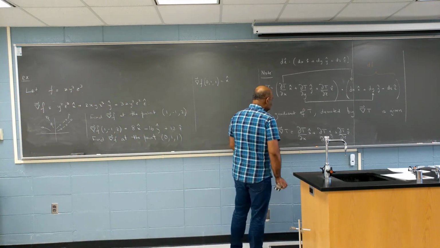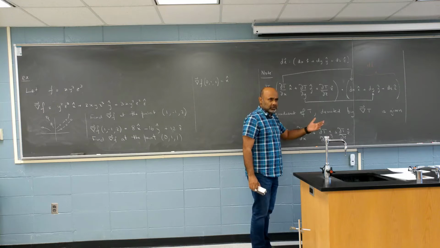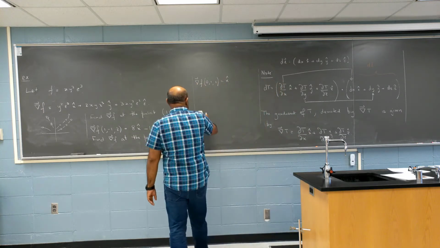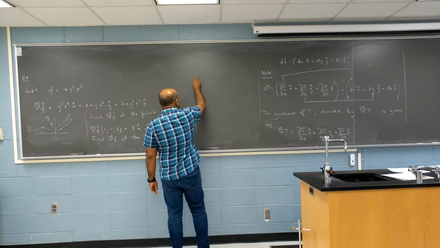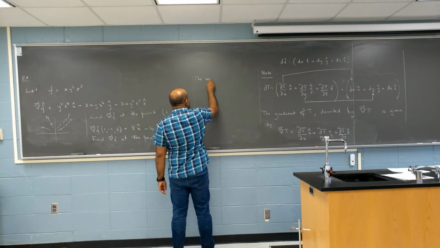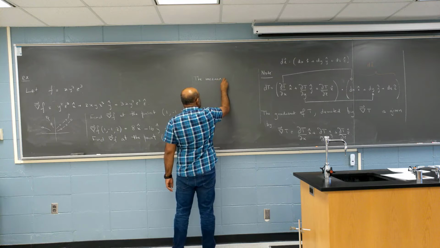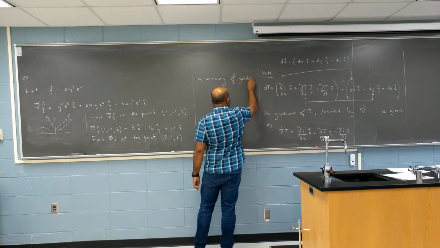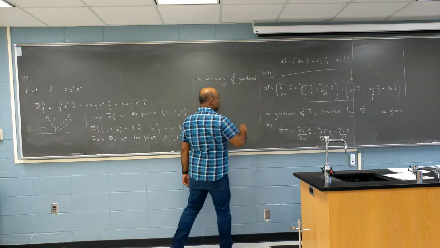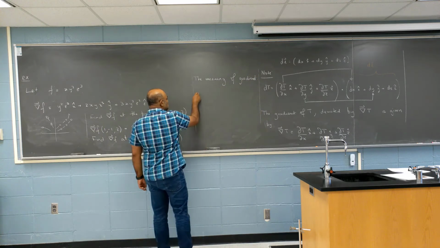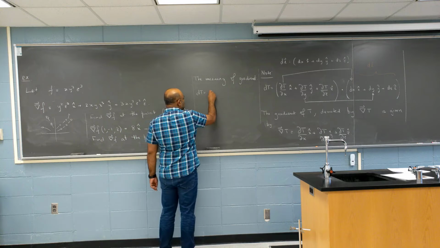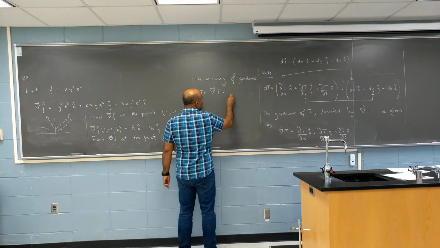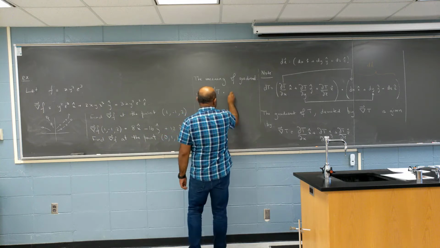So let's go back to the gradient. We know how to calculate the gradient. What does the gradient mean? So dT, I can write it as gradient of T dot, what did I call it? dl.